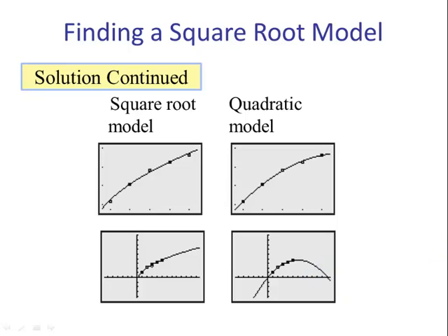Now if you think about it in terms of this problem, that doesn't make sense, because likely as time goes on, the arrests are probably going to keep on increasing, but they're definitely not going to ever become a time where there'll be 0 arrests. So the square root model is probably the best one to use in this situation.